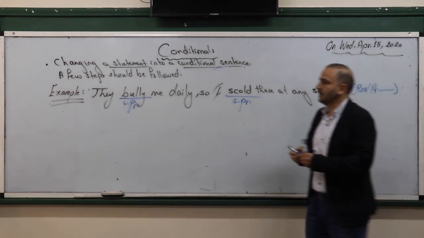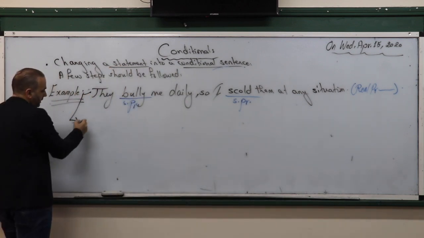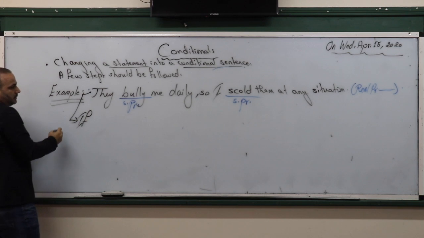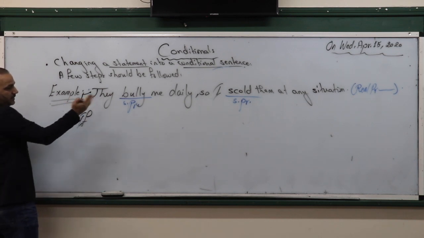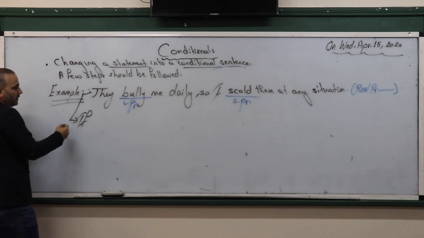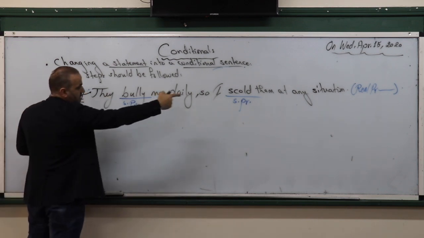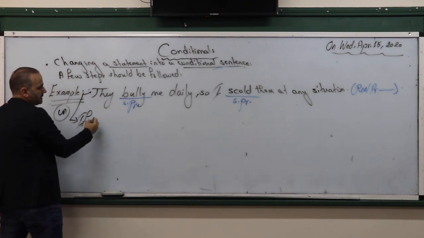Am I right? So let's go to the if clause, into conditional sentence. As we said, the real statement, directly we are dealing with conditional sentence into unreal situation. All these abide by the rules of changing it into unreal situation with if clause. Unreal present situation.